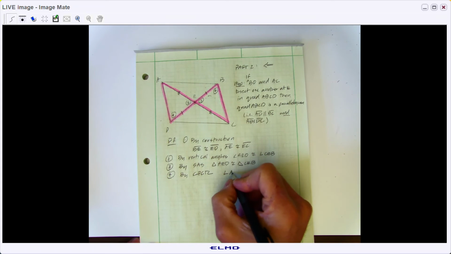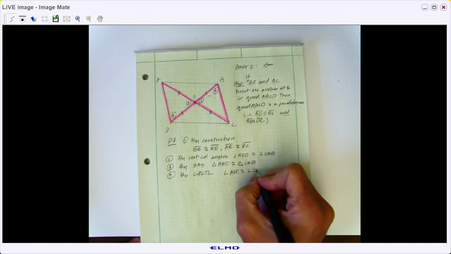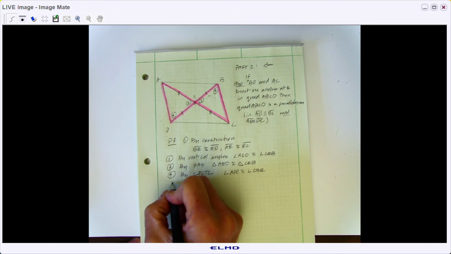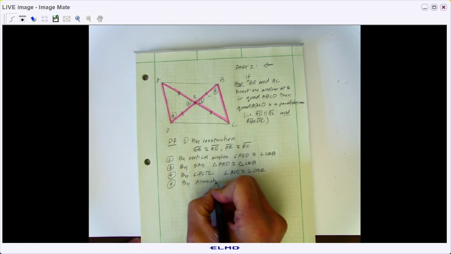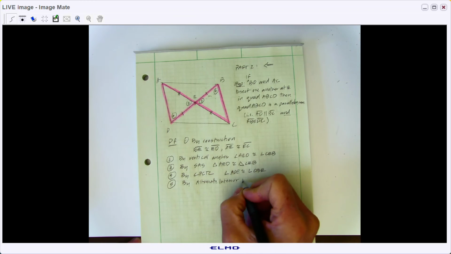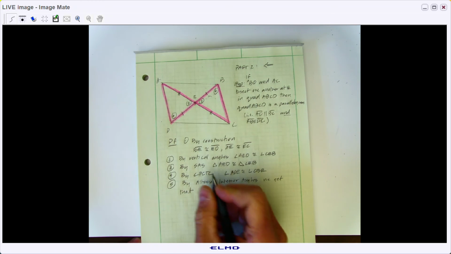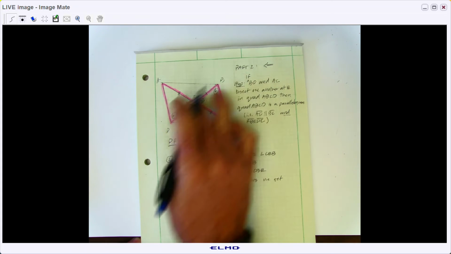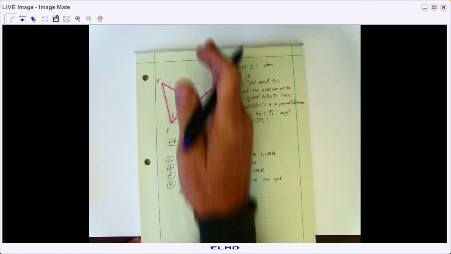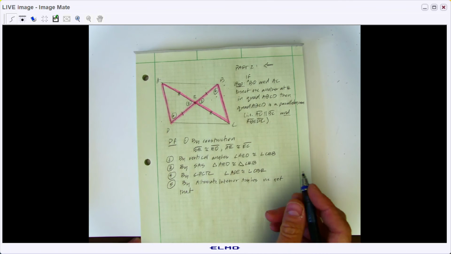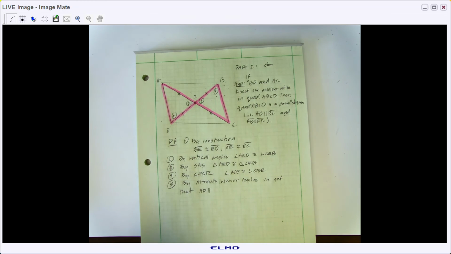ADE congruent to CBE, and then by alternate interior angles we get that, since these are alternate interior angles on a transversal, maybe I want to say something about that in the final proof, that viewing DB as a transversal of lines AD and BC, we can apply alternate interior angles, but hopefully you get the idea that we get that AD is parallel to BC.